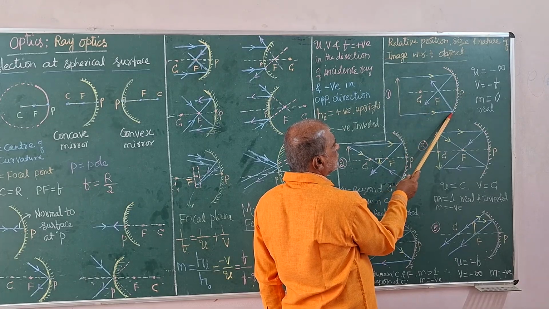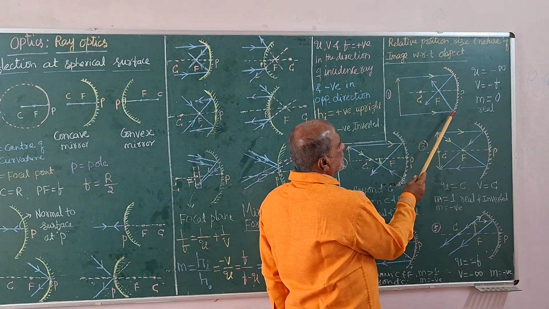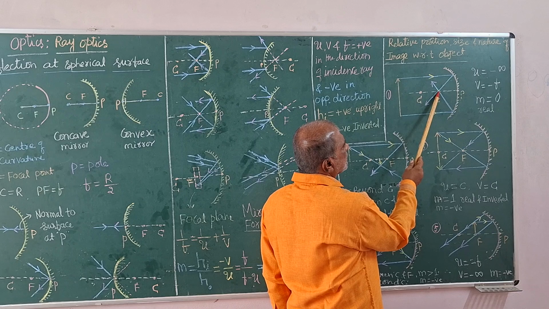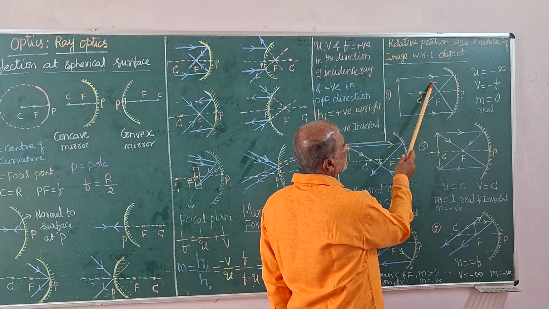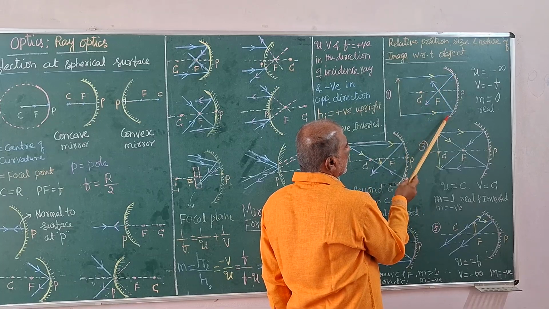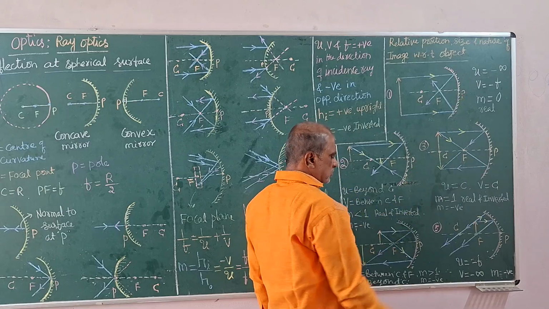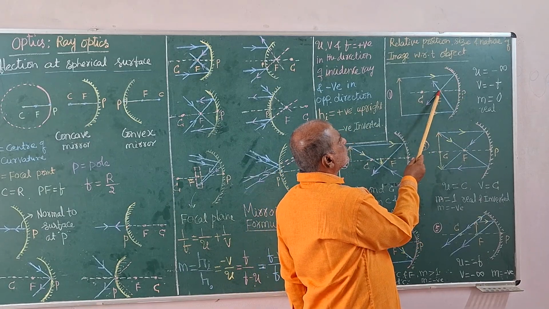After reflection, as you know from previous knowledge, they should pass through the point F, the focal point. The reflected rays of these incident rays pass through F, and they meet at this point.